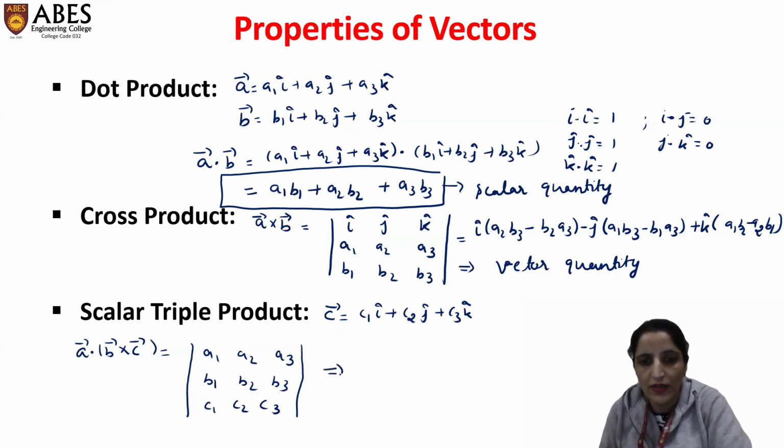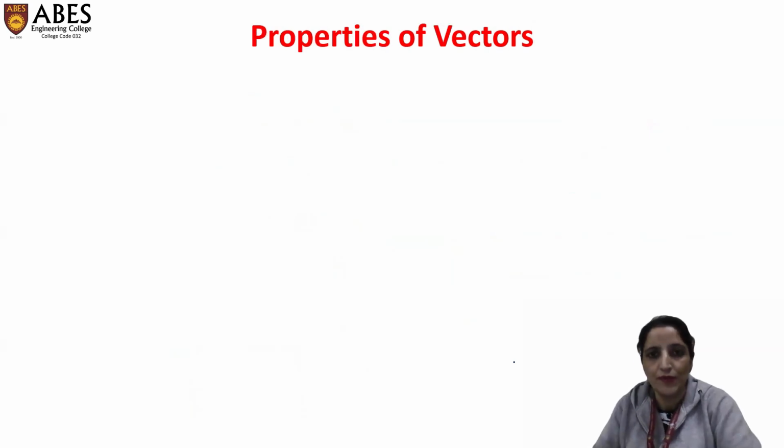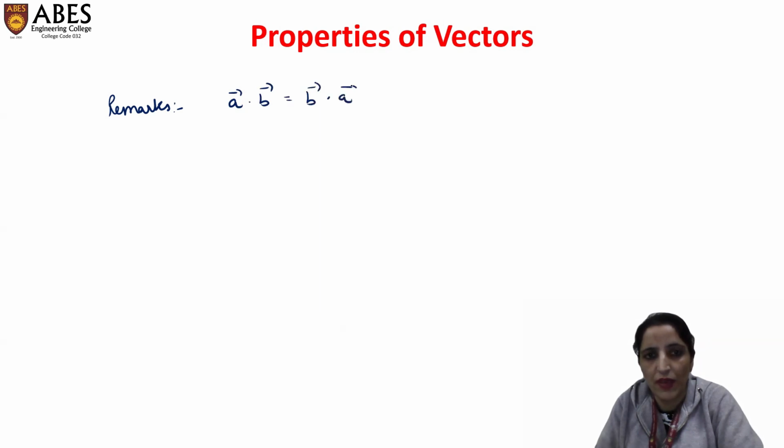So we can see that it is always a scalar quantity. So these are the three types of products we do in vector calculus. There are some remarks. The dot product is commutative: A dot B is always equal to B dot A. Another is that A cross B is minus B cross A.